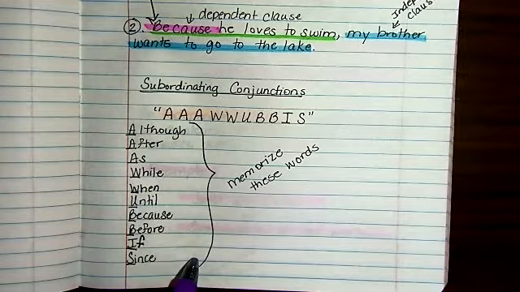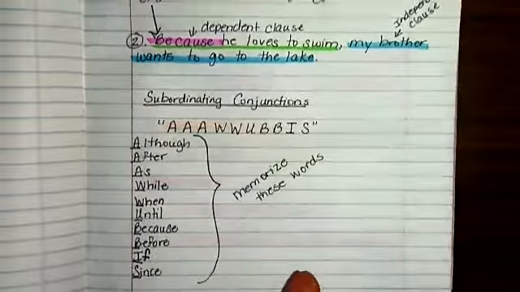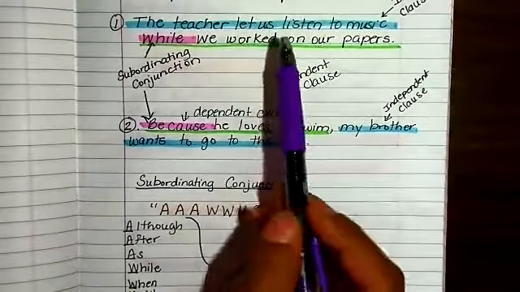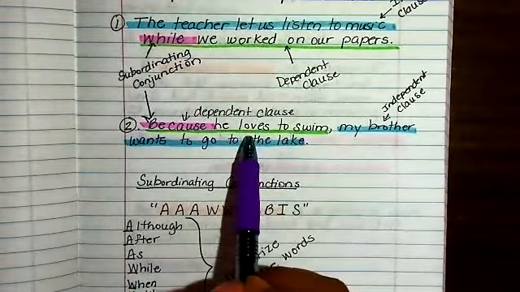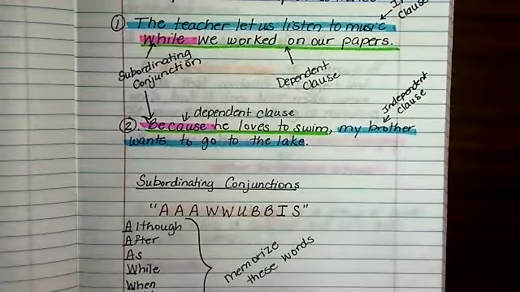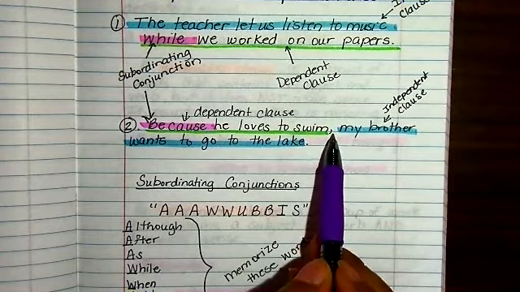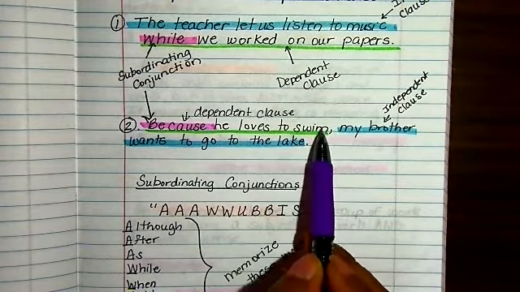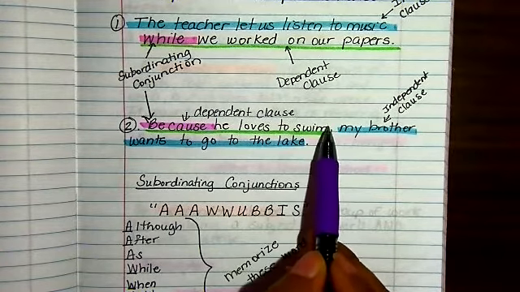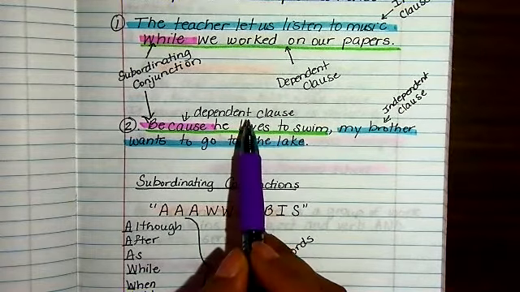One last thing I want to add is that in these two examples, I want to point out that sentence number 2 has a comma. You only have a comma in a complex sentence when your dependent clause comes first.